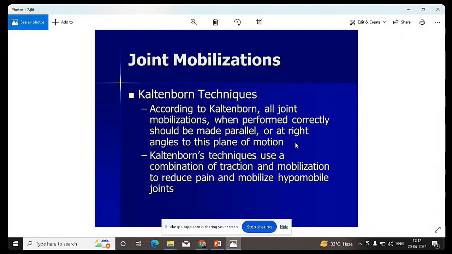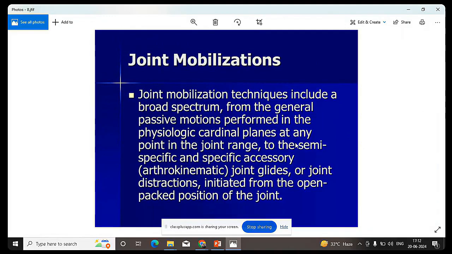So this is one of the techniques, the Kaltenborn technique, for joint mobilization. Also, joint mobilization techniques include a broad spectrum from the general passive motions in the physiological cardinal planes at any point in the joint range of motion, to the semi-specific, specific accessory motions, that is called orthokinematic.